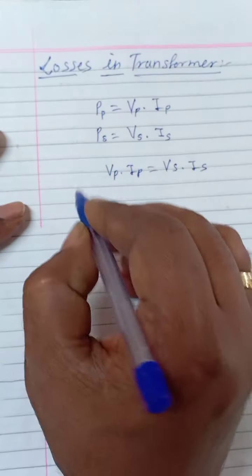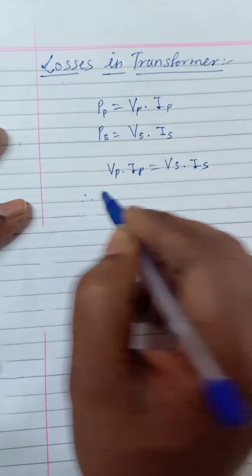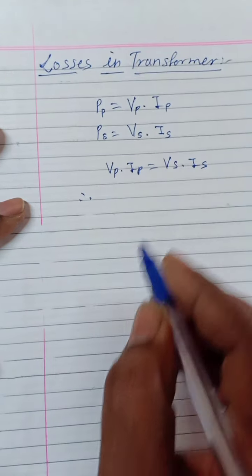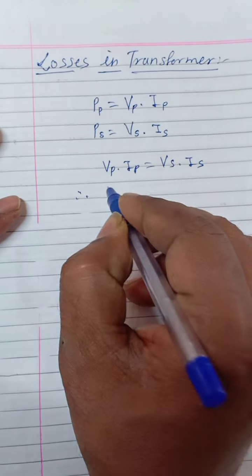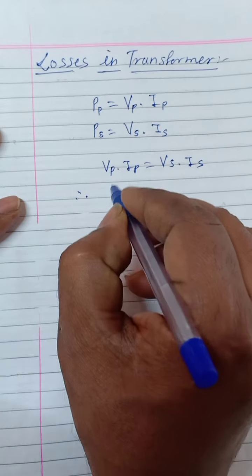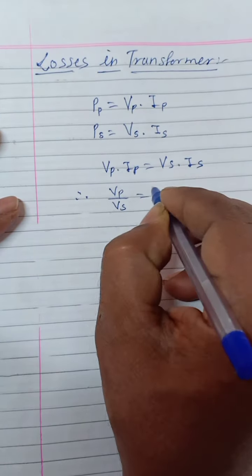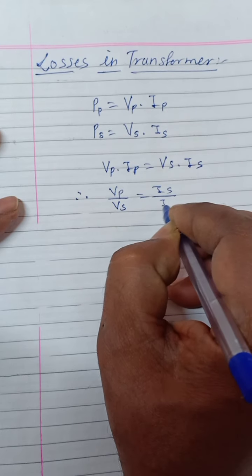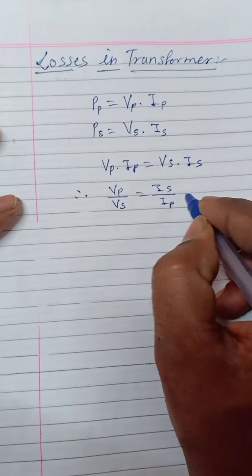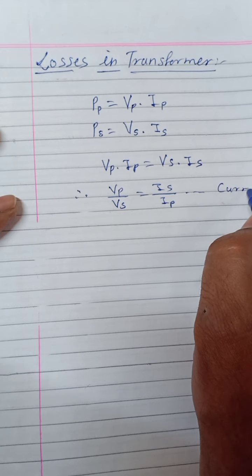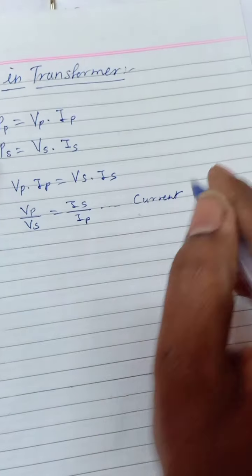From that we saw the current ratio: if we solve this we get Vp by Vs equal to Is by Ip. So this is called the current ratio.